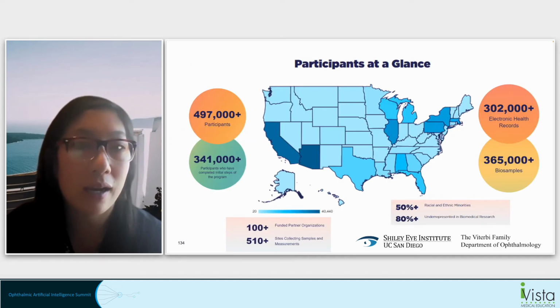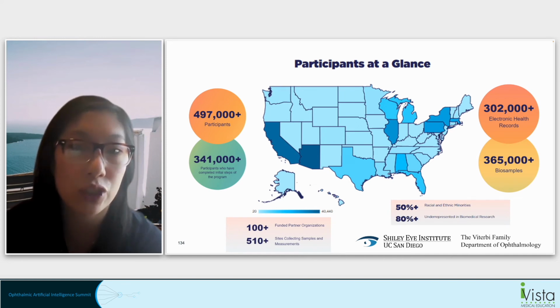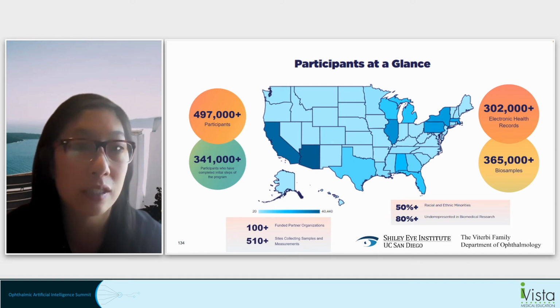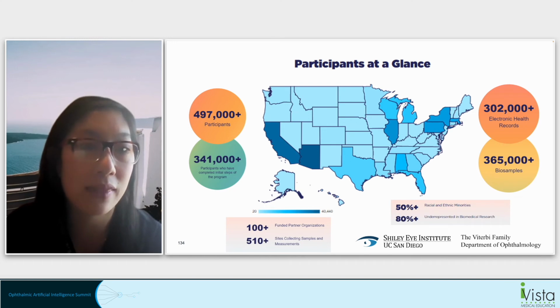So here's a visual infographic summarizing the scope of enrollment right now. They're about halfway to their enrollment goal with almost 500,000 participants who have at least started signing up. And the initial steps of the program have been completed by a third of their enrollment goal, so 341,000.